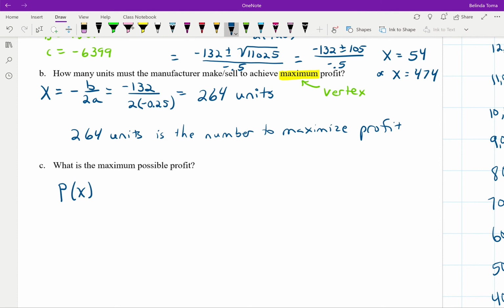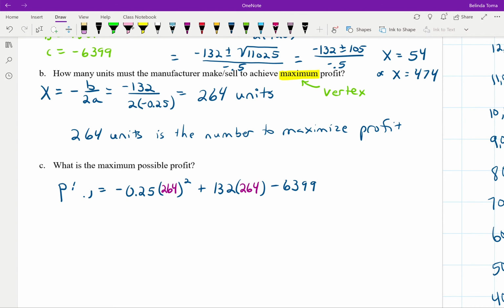So again, I'm just going to rewrite the function, but everywhere that I see an x, I'm going to put the 264. So I'm substituting, and then I'm going to evaluate, and that's going to tell me my maximum profit.